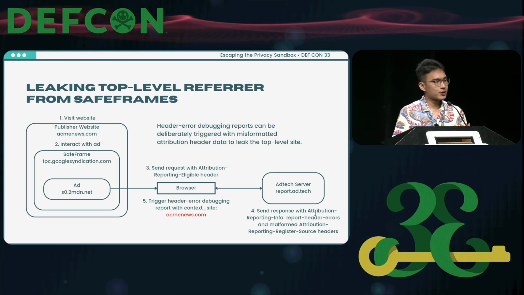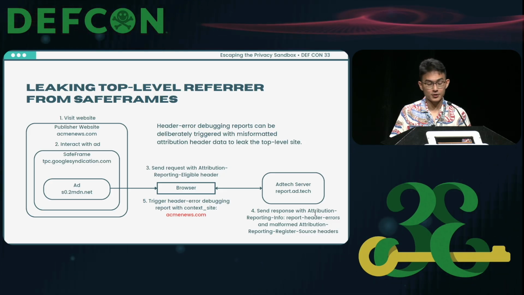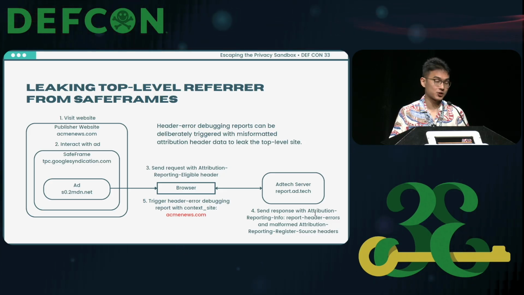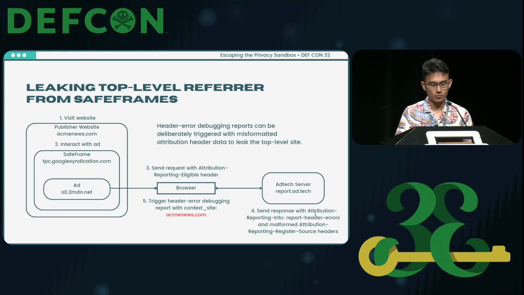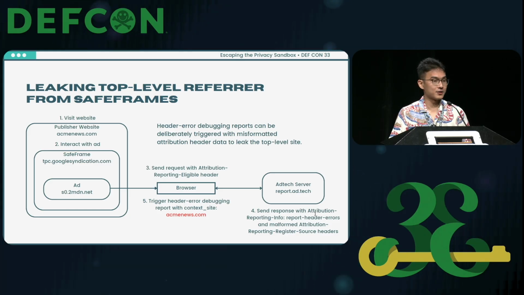It would then trigger an attribution reporting eligible header to your attacker-controlled ad tech server. And by sending a malformed response in your header, this would trigger a header error debugging report on the browser site, which includes the context site, which is the top-level site. Essentially, this tells the person who bought and served the ad which website your ad was viewed in.